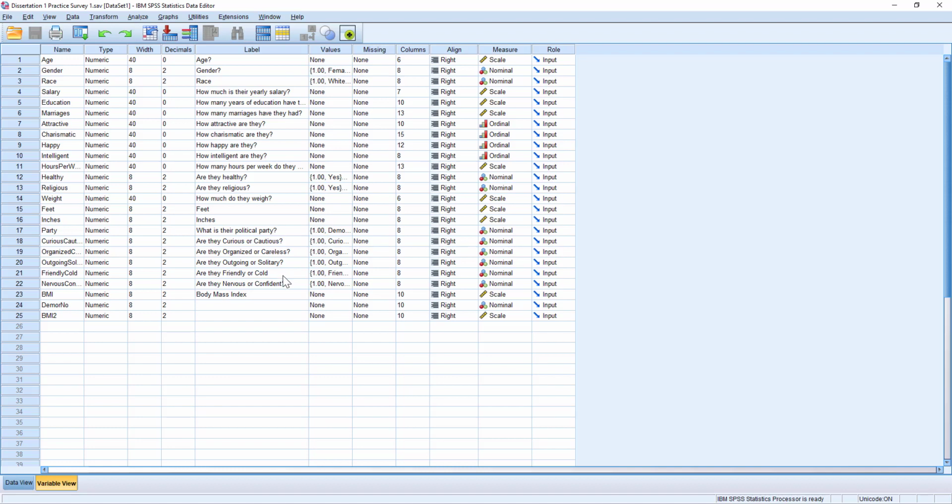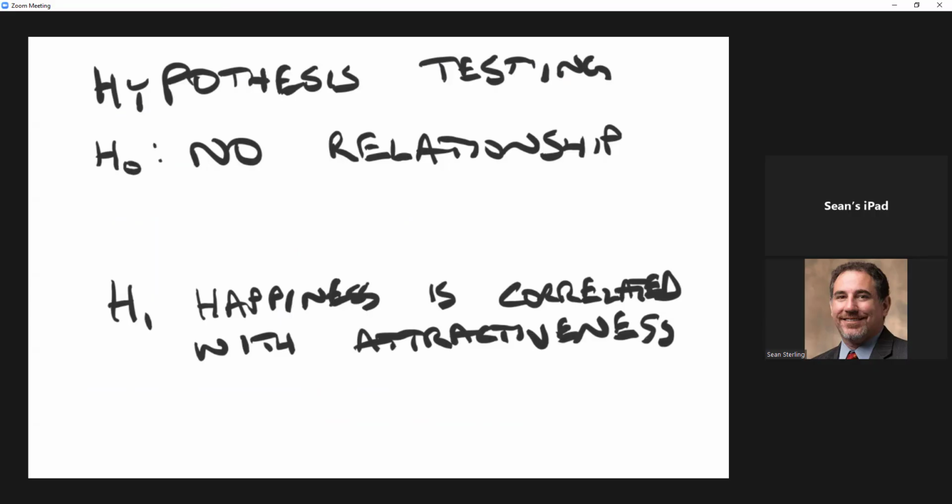Now, what would be the null hypothesis in that analysis? Well, it's this. The null hypothesis is that there is no relationship between political party and friendliness. And then the alternate hypothesis would be that there is a significant relationship between political party and friendliness.